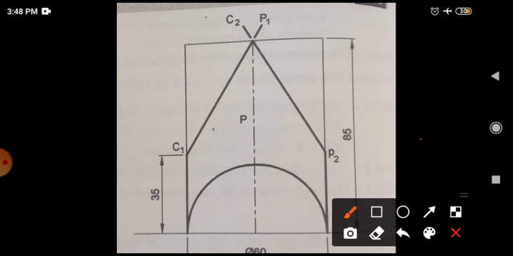We will also study the development of pyramids. All these are also developed in the radial way.